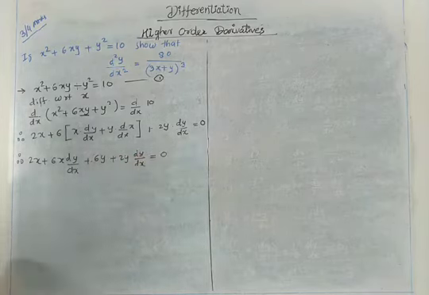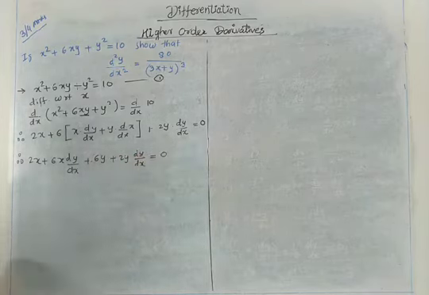Now on the left hand side we will get d square y upon dx square is equal to minus, now derivative of u upon v. So the u upon v rule we have to apply. Denominator constant, that is 3x plus y, into derivative of numerator, that is x plus 3y, minus (x plus 3y) constant into derivative of denominator 3x plus y, upon denominator's square.